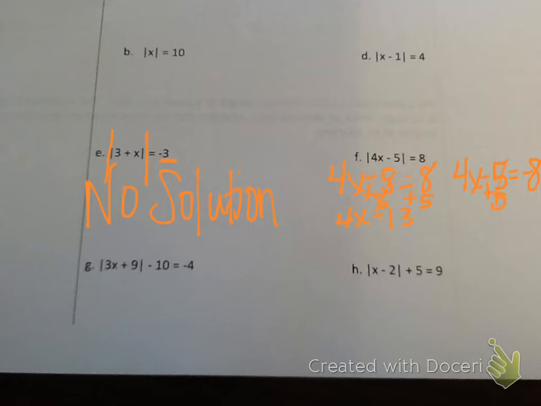Add 5 here. 4x equals negative 3. Divide by 4. So x could be 13/4 or negative 3/4, and you can leave them that way.